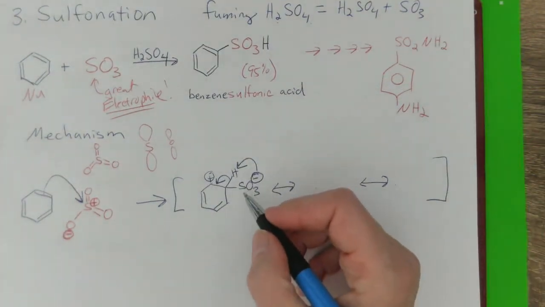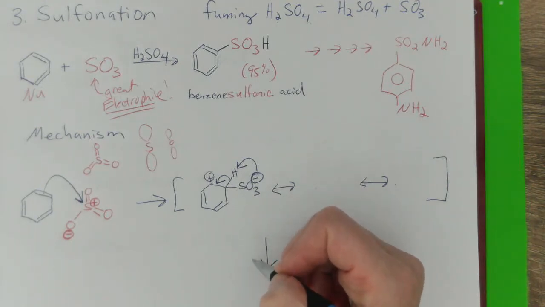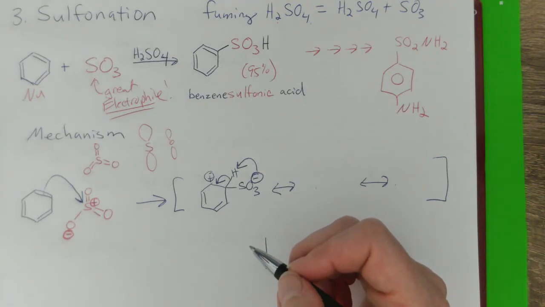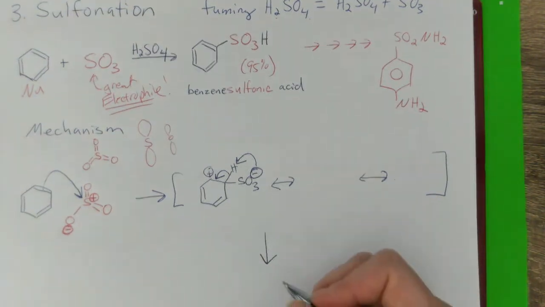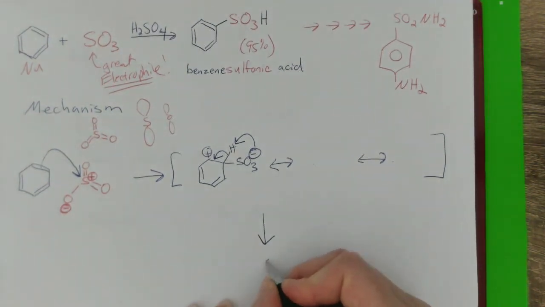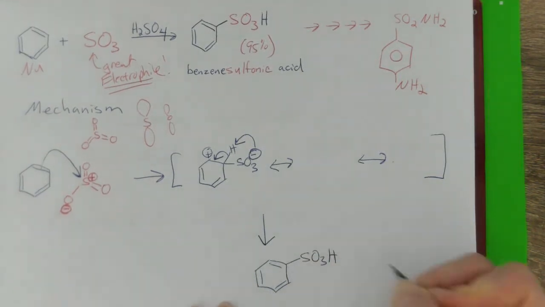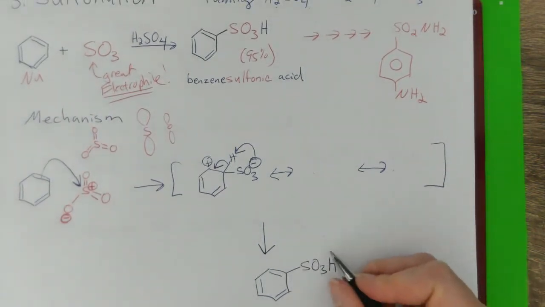What Klein does is he shows water deprotonating the ring and then protonating the SO3 minus. But we can show it like this, and then we can do it much faster. So when we do that, I end up with my SO3H, which again is referred to as a sulfonic acid group, okay?